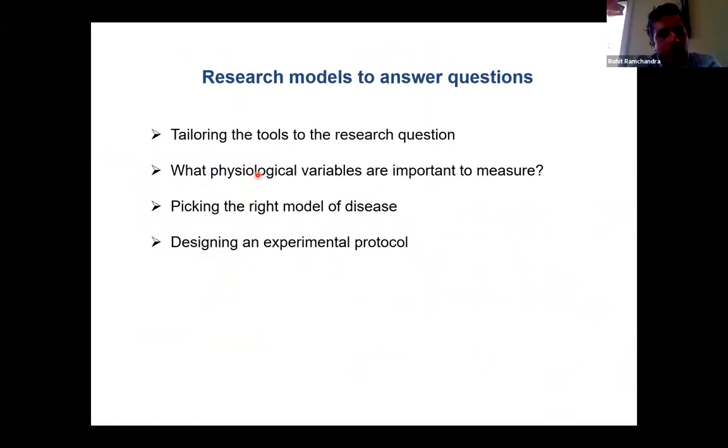Before I go on to talk about a couple of my research models and how we have utilized these tools, I just want to reiterate tailoring your tools to the research question. This again maybe is quite basic depending on who's attending the webinar, but I think it's for you to decide what physiological variables are important to measure depending on your experimental protocol, whether it's acute, whether it's chronic, whether it's anesthetized or it's conscious.